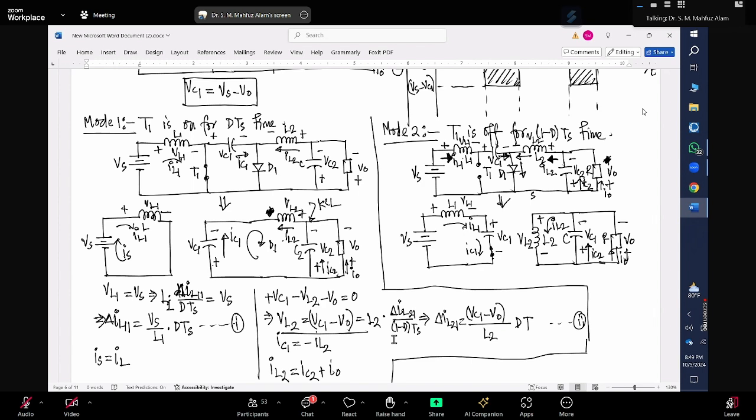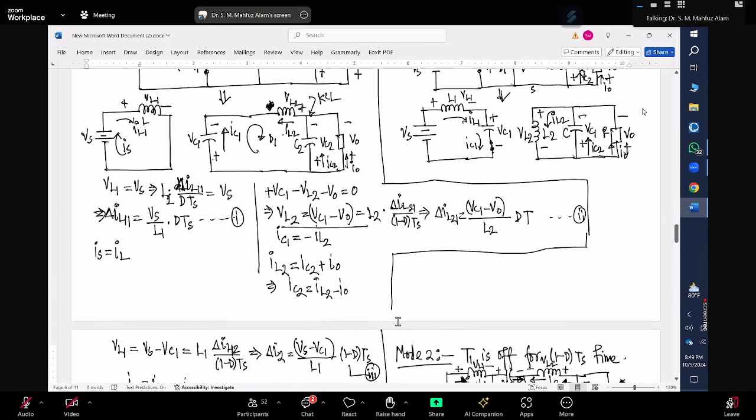But here, since we have two inductors and two capacitors, we have to deal with two inductors at a time with a capacitor. So the equation will be a little bit longer. That's why you will feel that it's a clumsy one, but both operations are pretty much similar. So if you understand the buck and the boost converter, I think this thing is pretty easy to understand.